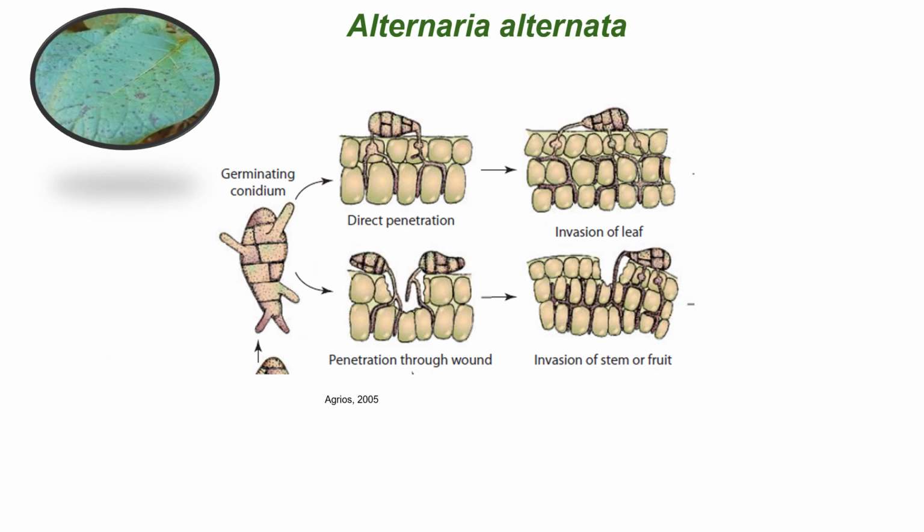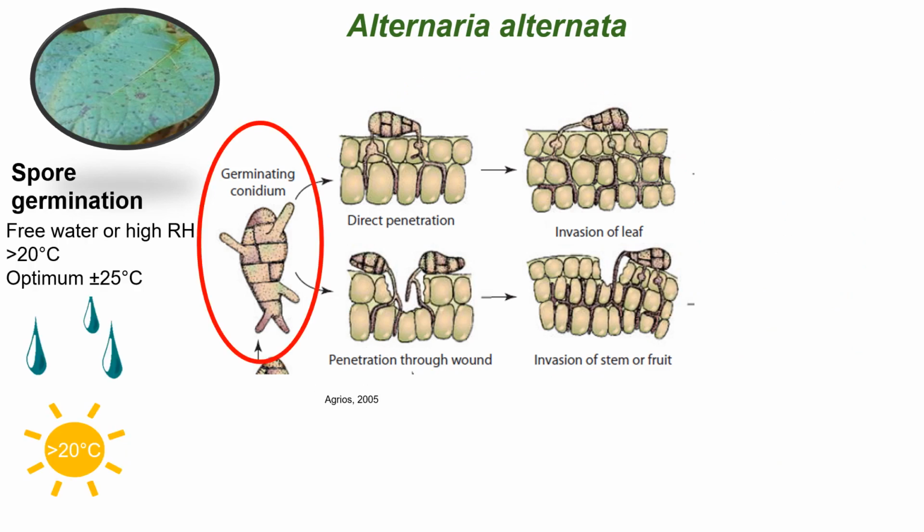Looking at Alternaria alternata, we need to remember that direct penetration does not occur with Alternaria alternata because it is a wound pathogen. It requires wounds to penetrate the plant. Again, for spore germination, free water, high relative humidity, anything upwards of 20 degrees Celsius with an optimum of 25.